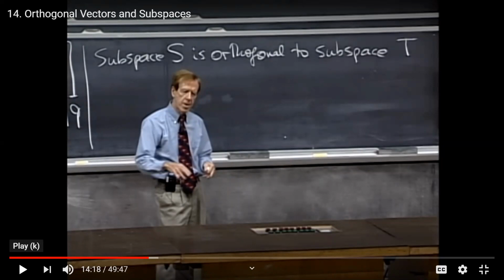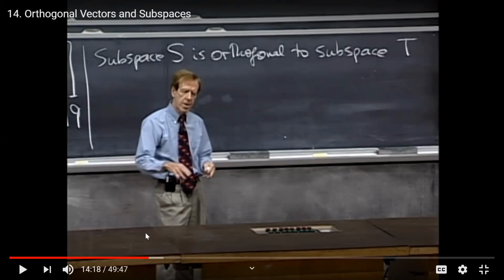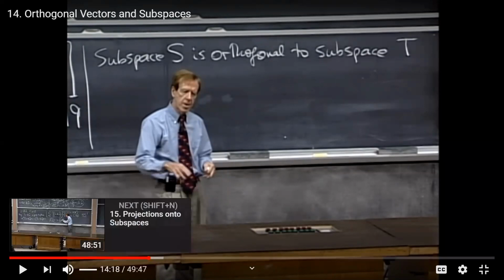S is a subspace of a particular space and T is also a subspace of the same space. And we want to know whether these two subspaces are orthogonal to each other or not. So for orthogonality of subspaces rather than vectors, it is important that every vector in subspace S should be orthogonal to every vector in subspace T. So let's check that condition.